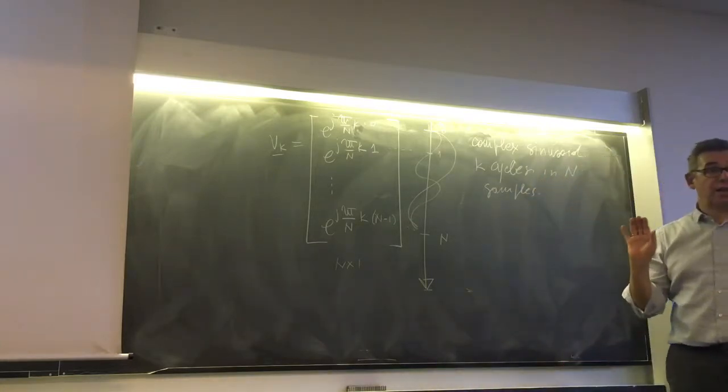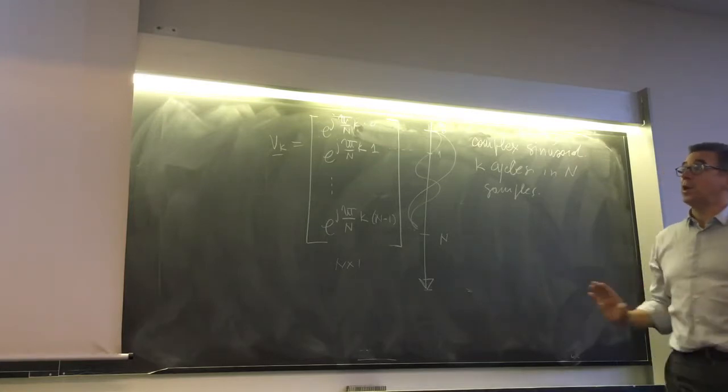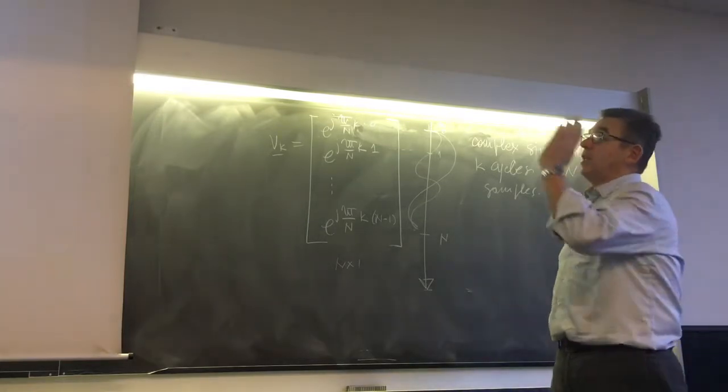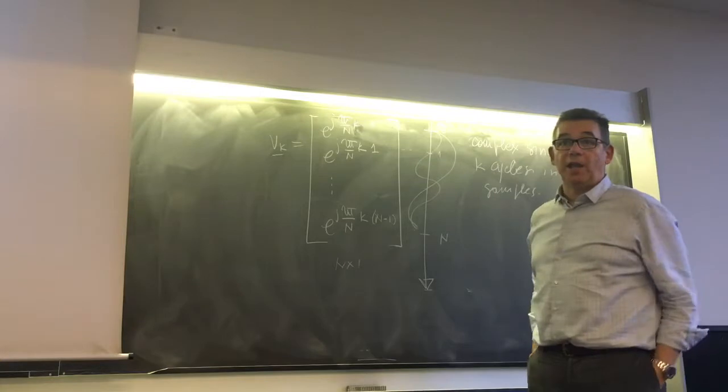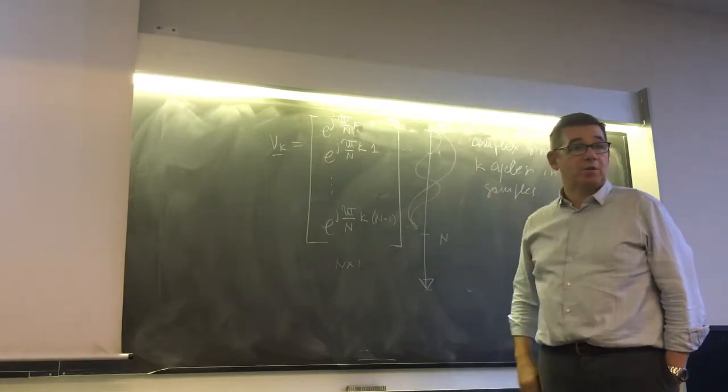This is the vector vk. So there is no relationship between the eigenvector qk and this one. This is a sinusoid; qk is the eigenvector.